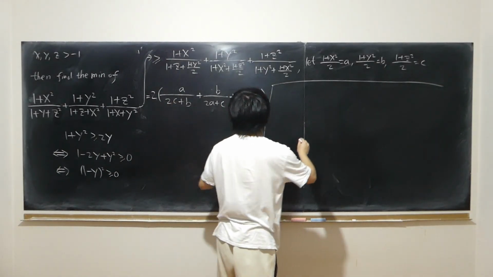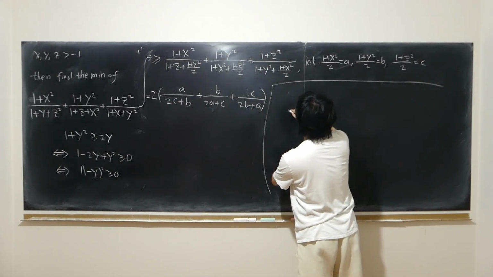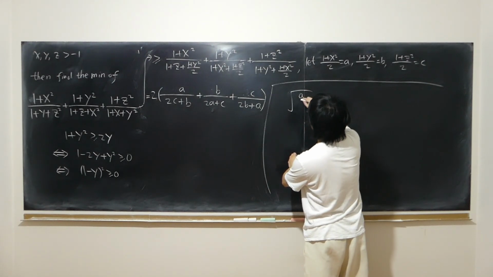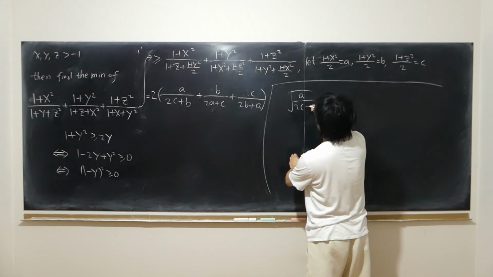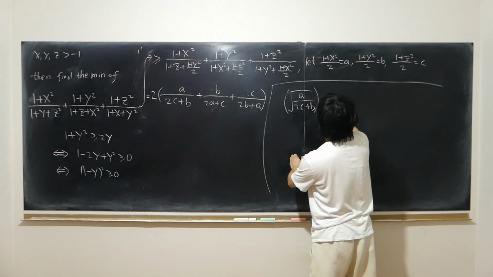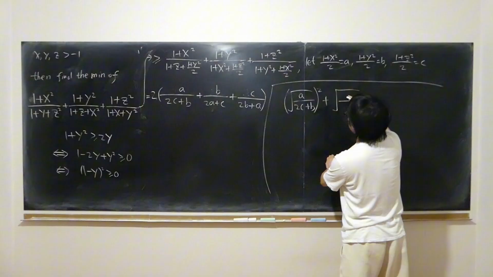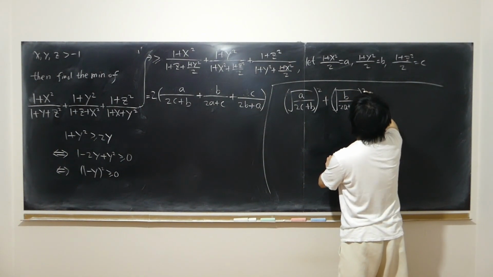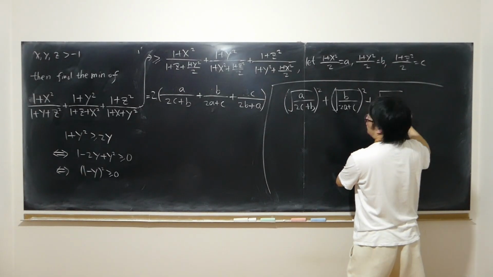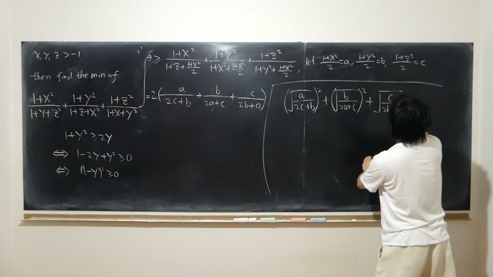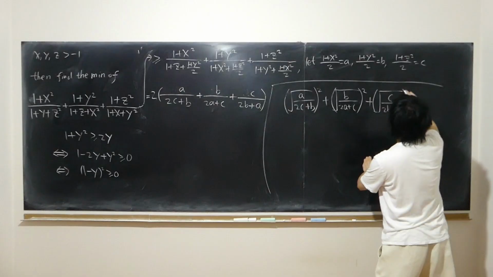I can rewrite it as the square root of a over 2c plus b, then squared. Likewise, square root of b over 2a plus c squared, then square root of c over 2b plus a.